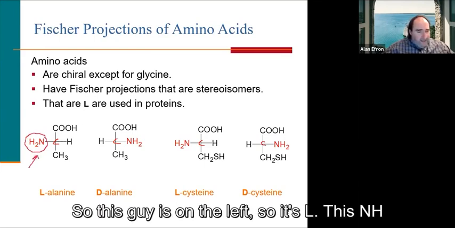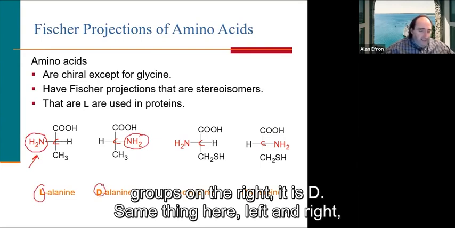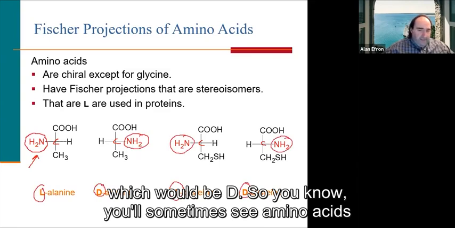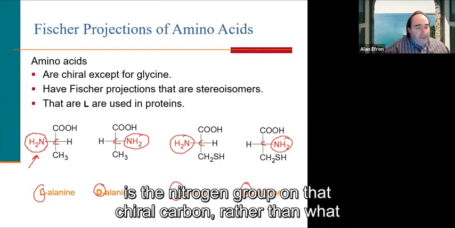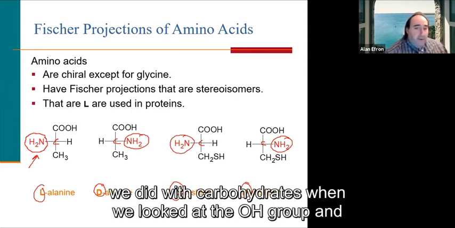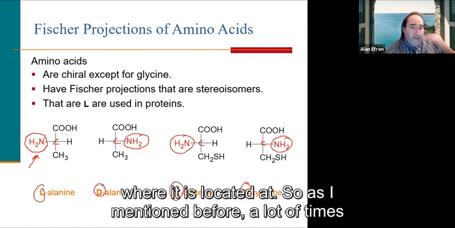This one is on the left, so it's L. This NH2 group is on the right, so it is D. Same thing here, left and right, which would be D. So you'll sometimes see amino acids labeled that way as well, L or D. What we're looking at here is the nitrogen group on that chiral carbon, rather than what we did with carbohydrates when we looked at where the OH group is located.